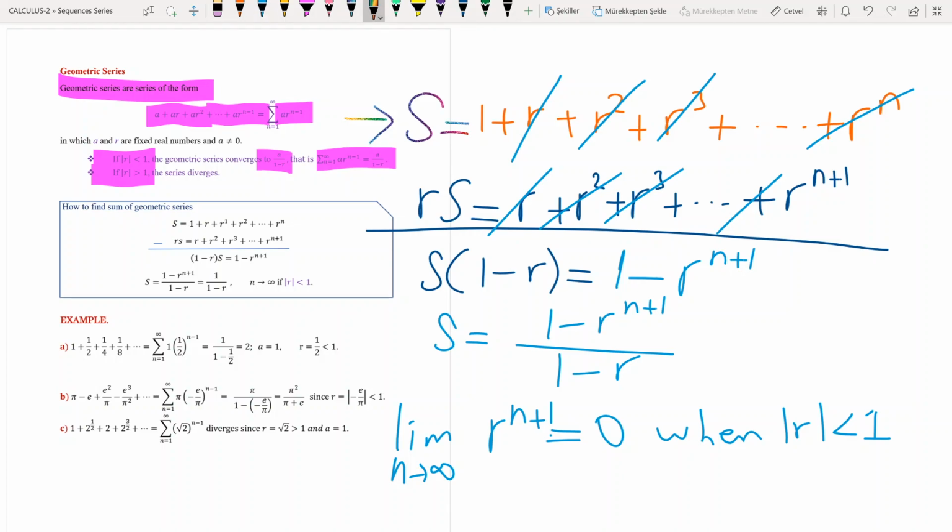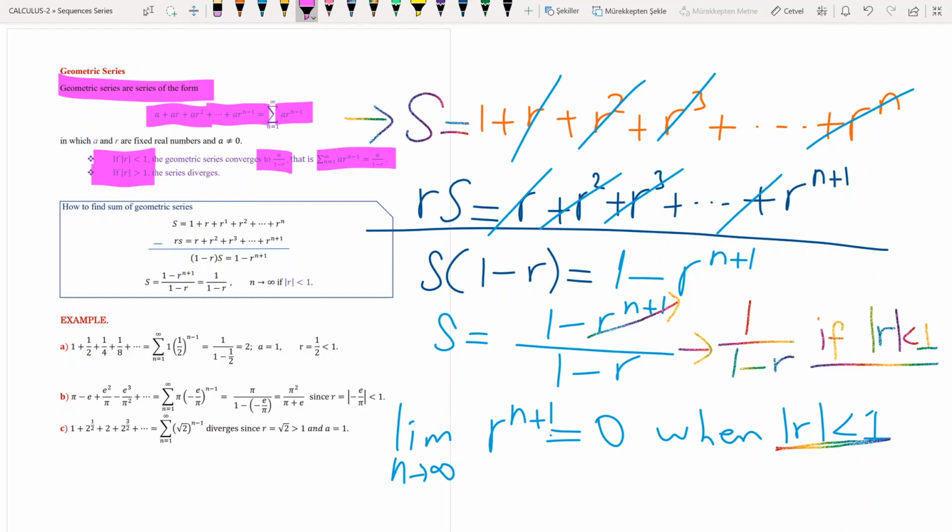In this case, this expression goes to 1 over 1 minus r if the absolute value of r is smaller than 1. Okay, so we have a convergence case for a geometric series if the absolute value of r is smaller than 1. Otherwise, the given geometric series is divergent. We do not have a numerical value.